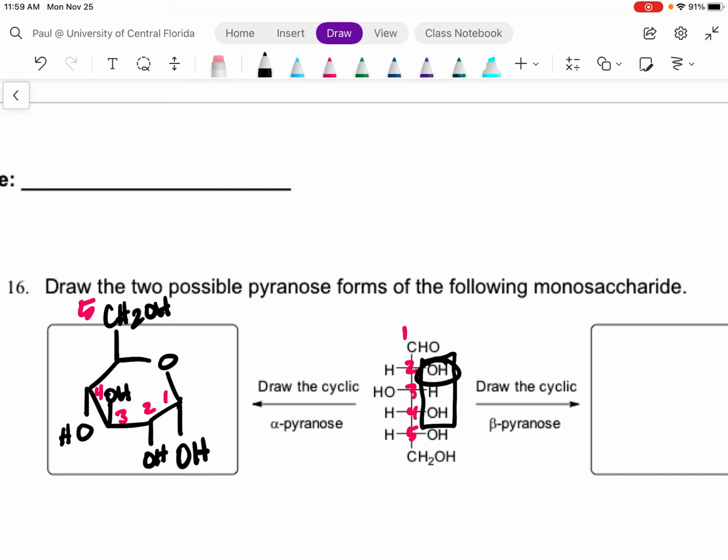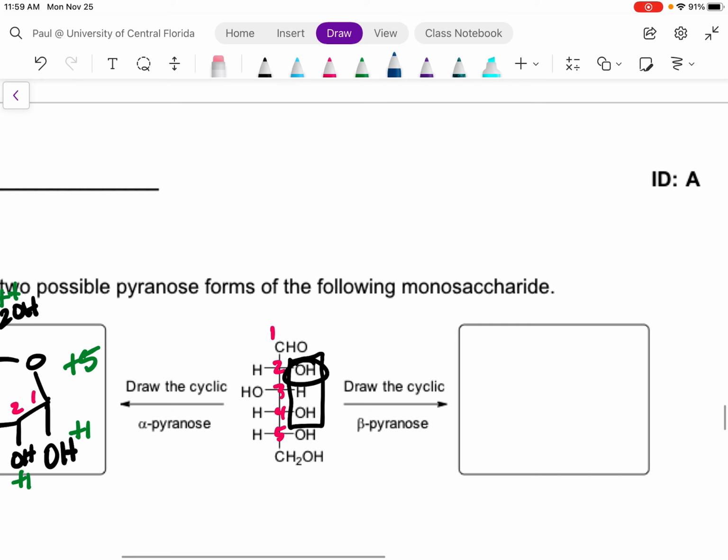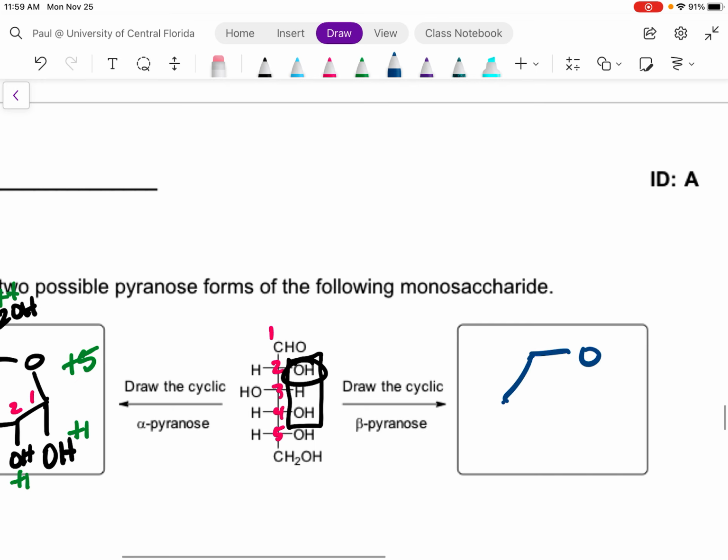So the way we gave the points for this question is just 1 point for the substituents all in the correct order or orientation. So that's plus 5 possible points. And then if you go to the beta pyranose, okay, so everything has to match up here.